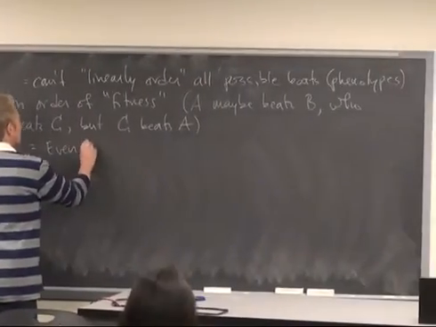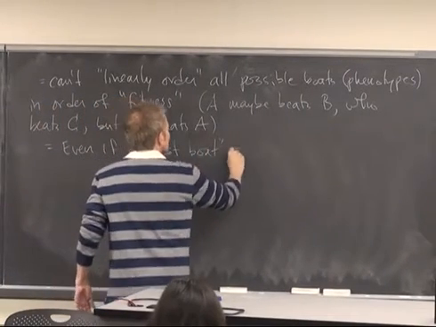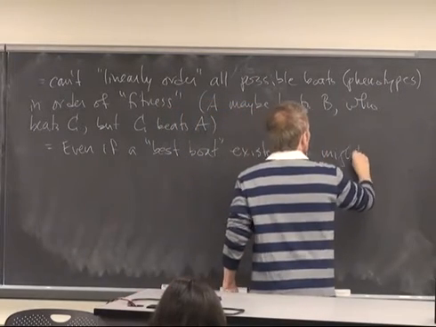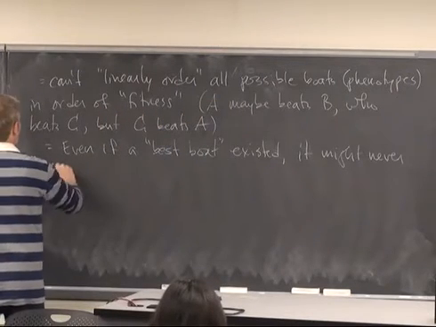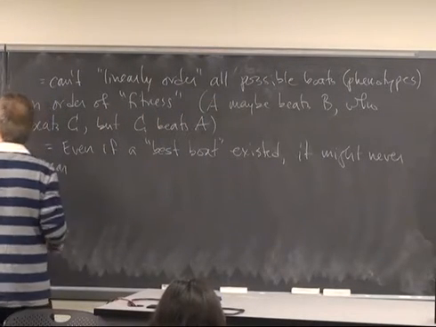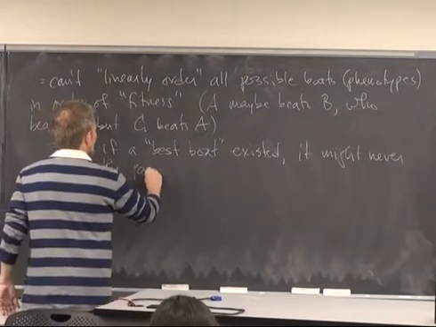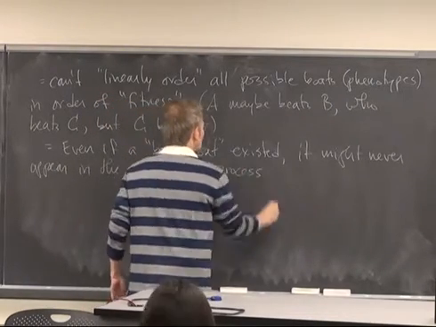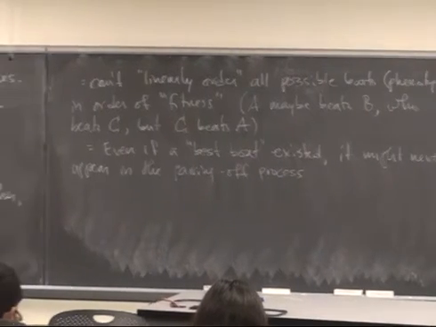So even if a quote-unquote best boat existed, it might never appear over the course of these one-loss kind of races. So the pairing off process. So survival of the fittest, again, called into question. The fittest might be a best possible boat, but it might never happen to arise.